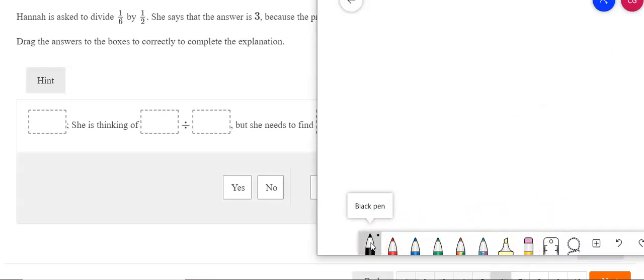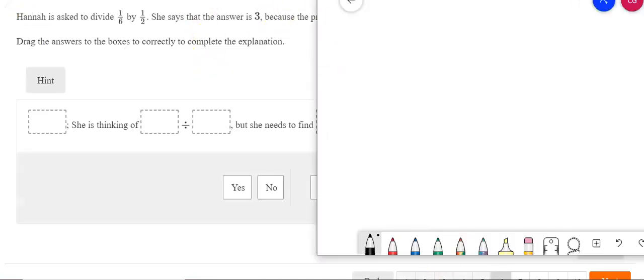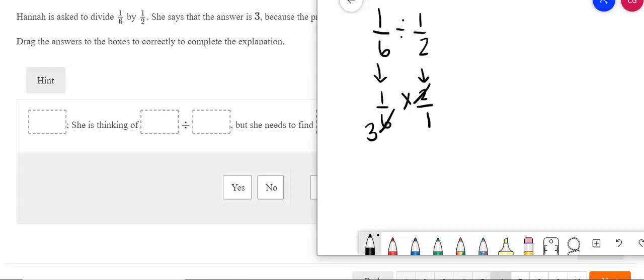So she said 1/6. We're going to divide 1/6 divided by 1/2. The 1/6 comes straight down. Division changes to multiplication, then we flip. We get 1/3. So no, she is not right.